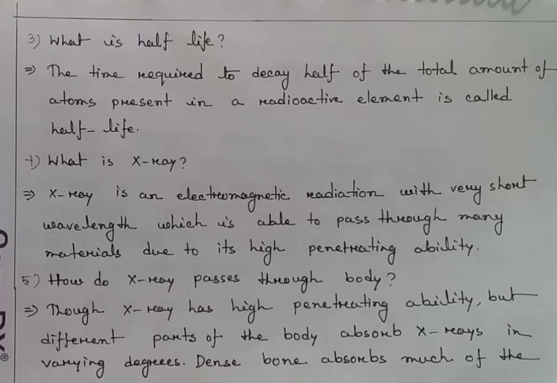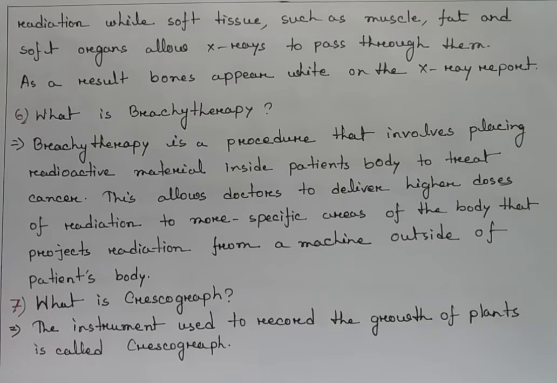For example, dense bone absorbs much of the X-ray radiation, but soft tissues such as muscle, fat, and soft organs are so soft that they allow X-rays to pass through them, because these tissues are more transparent than bones.